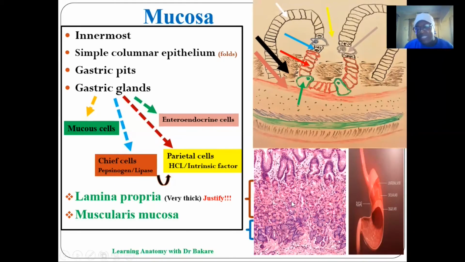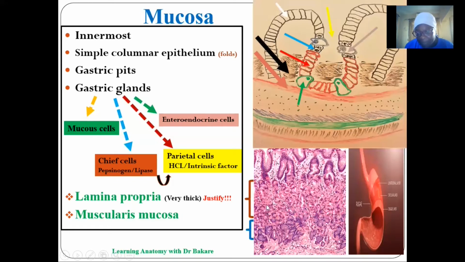If you look at the histological section presented here, you see that we have the gastric pit. This is the gastric pit. And distal to the gastric pit, we have the gastric gland. Within the wall of the gastric gland, we have a number of cells that tend to secrete different substances, as we have highlighted here. So this is the gastric gland. You have the lamina propria.